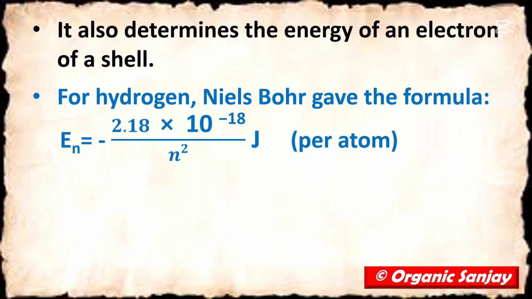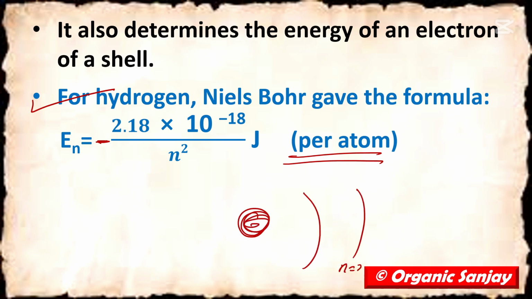For example, for hydrogen, Niels Bohr obtained the relation that energy is equal to minus 2.18 into 10 to the power minus 18 by n square joule, and it is for a single atom. So if you want to measure the energy of an electron revolving in the second shell, n is equal to 2, then simply put 2 here.